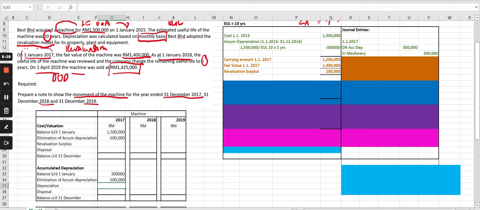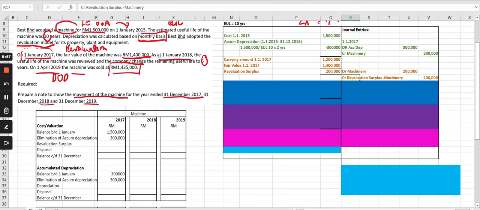Starting from 1st of January 2017 onwards, when you calculate your depreciation, that will no longer be on cost. It will be on the fair value. So first you do the removal of the depreciation, the elimination.